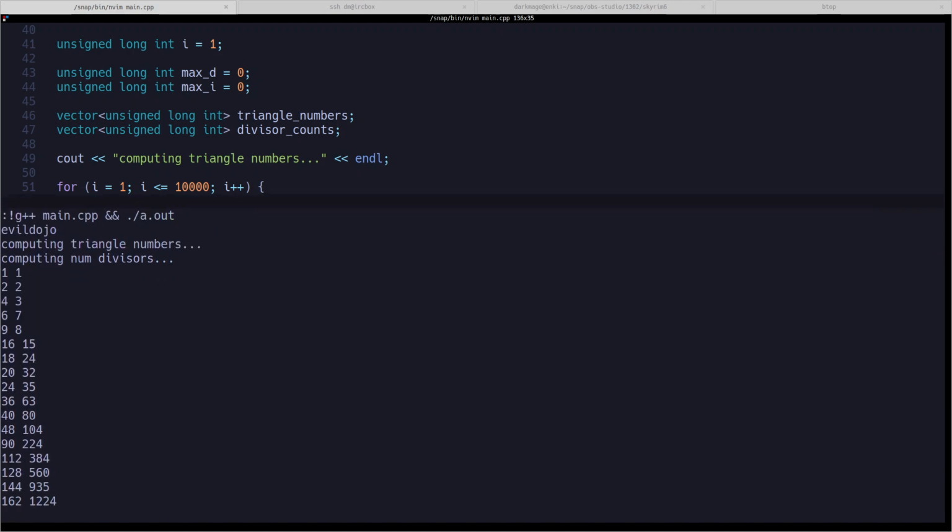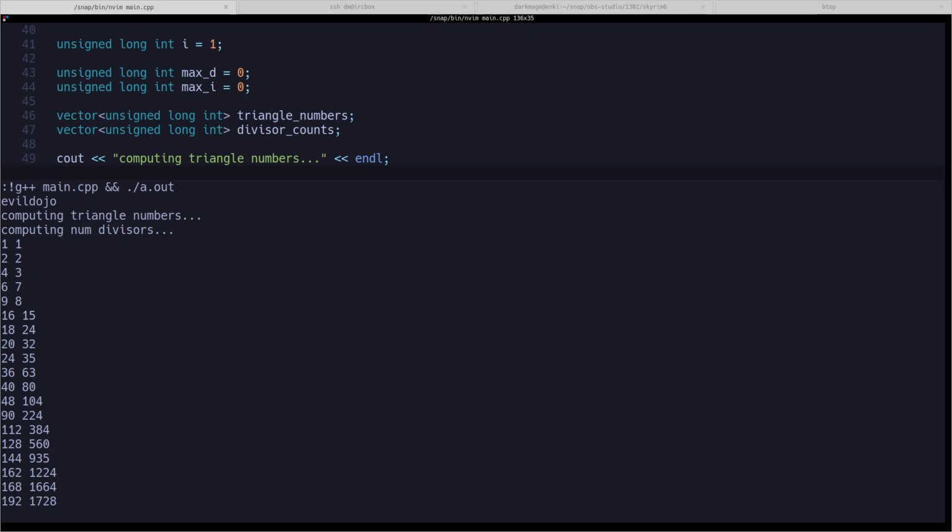I actually computed the triangle numbers really fast. It's the divisors that's slow.